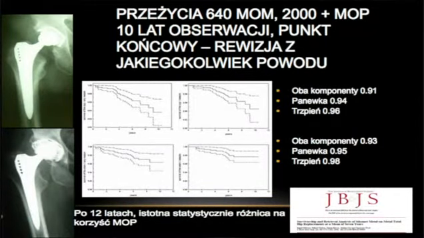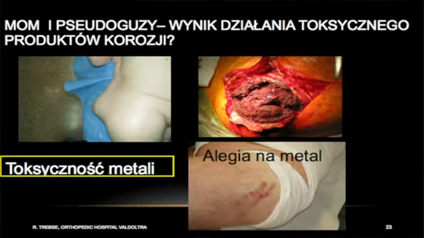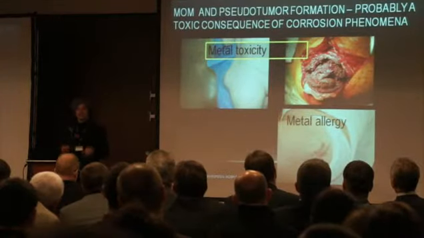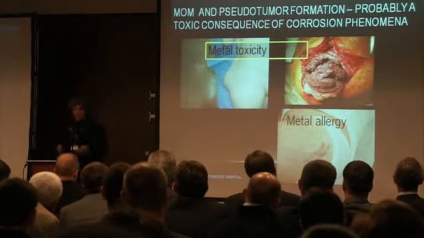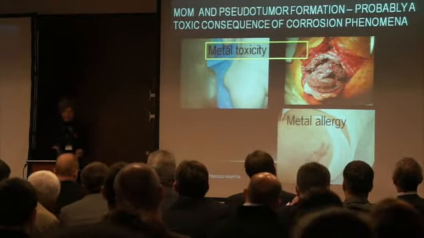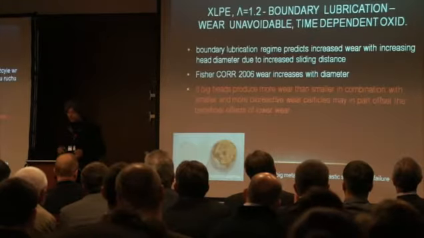But nevertheless, we were among the first to publish that metal on metal is inferior to metal on poly, mainly because of other or new failure modes that were introduced with this bearing, especially corrosive phenomena that produce toxic reaction around metal bearing, and metal allergy can also be an issue here.